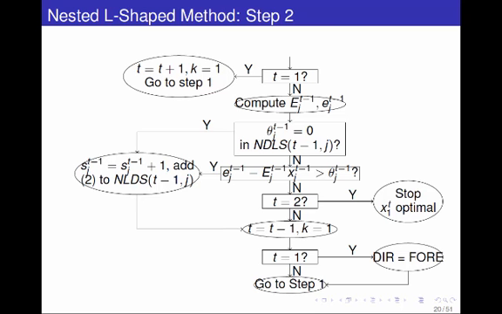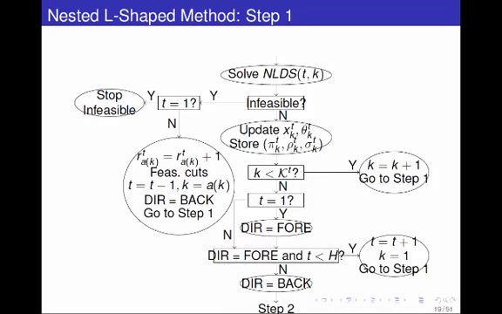I suspect maybe I should also have a dir equal forward instruction here, unless that gets taken care of. Actually, that gets taken care of here. Okay, that's why this exists. This is a check of whether we've reached the beginning of time.